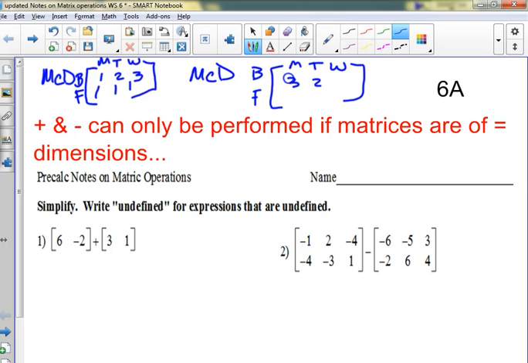I'm just putting really easy numbers in here. So you could say, I could find the total inventory used in both by adding those together.